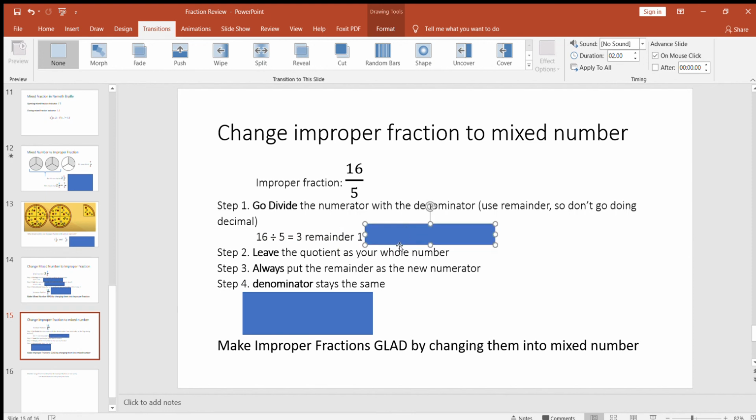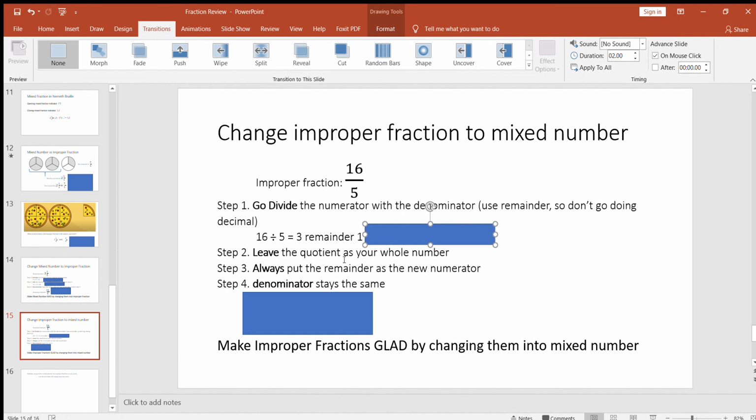Now, second step is we leave the quotient as your whole number. So the 3 is your whole number, because that's your quotient. Step 3 is always put the remainder as your new numerator.